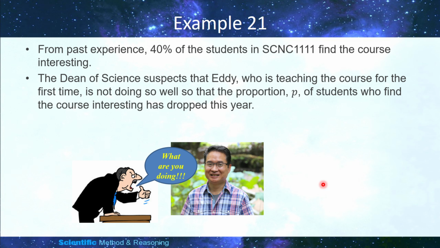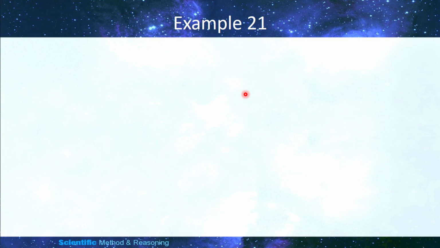What is the Dean's claim? The Dean suspects that Eddie is not doing so well, so that P will drop. The proportion of students who find the course interesting will drop compared to the general public. So the null hypothesis is that Eddie's performance is on average, so P would still be maintained at 0.4.